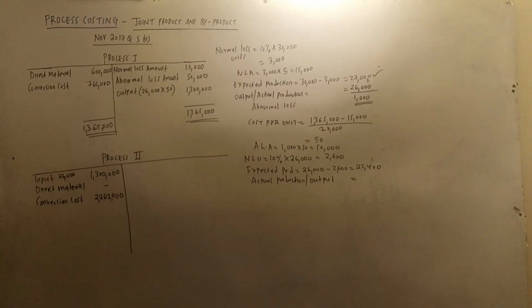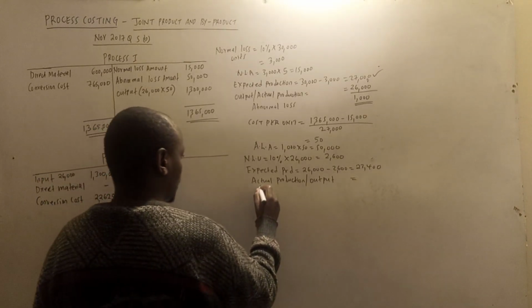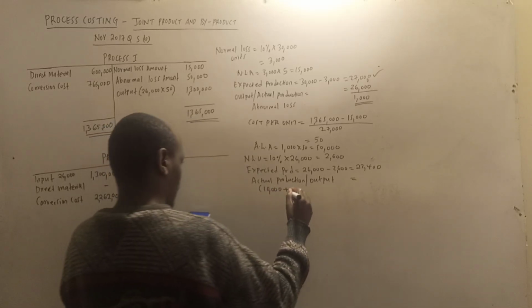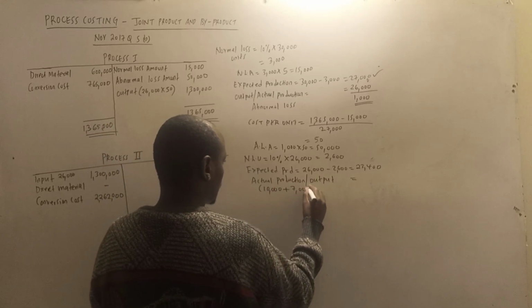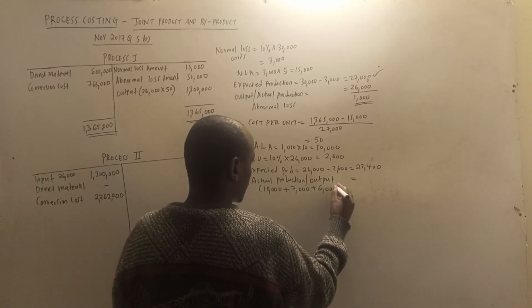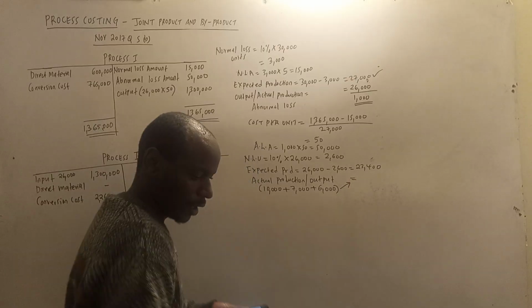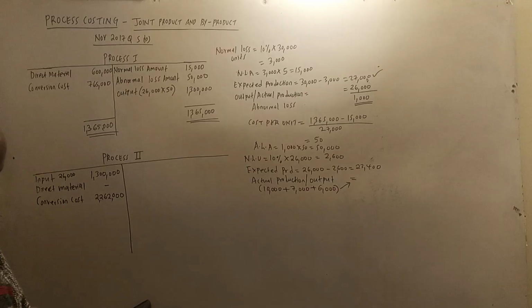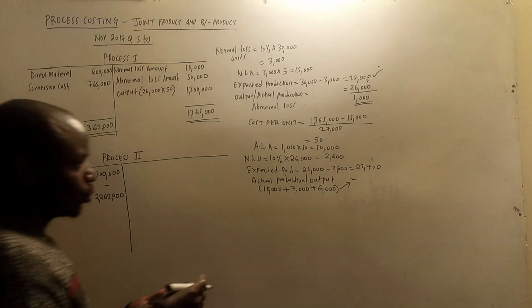So we have H, N, and T. So let's add them together. 10,000 for H, then N 7,000, then T 6,000. So 10,000 plus 7,000 plus 6,000, 23,000.